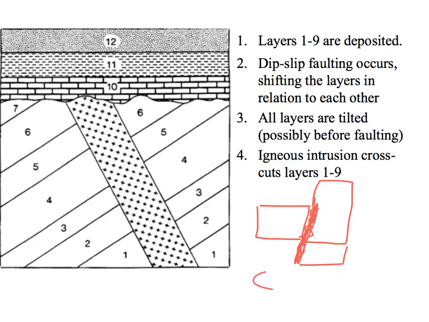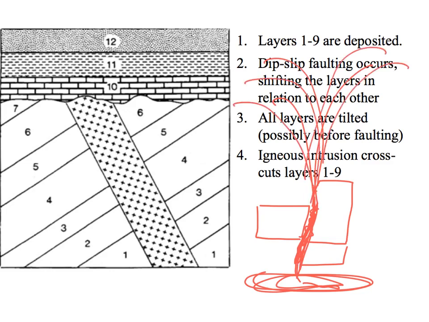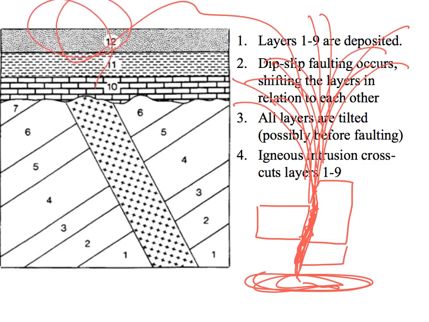And so if we have a pocket of magma down here that erupts up through the Earth's surface, odds are it's going to follow that path right there and spew out, here we go, volcano action happening. Great. Odds are it's going to happen along that weakened path. And so that's why I'm strongly arguing that this igneous intrusion happens after the dip-slip faulting.